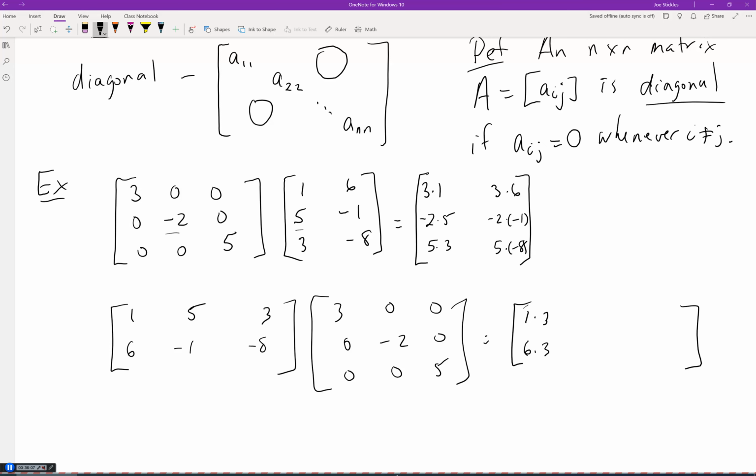The -2 gets matched up with the 5 in the first row and the -1 in the second row, right? So you're going to get 5 times -2 and -1 times -2. And then notice in your third column, you're going to get 3 times 5 and -8 times 5.